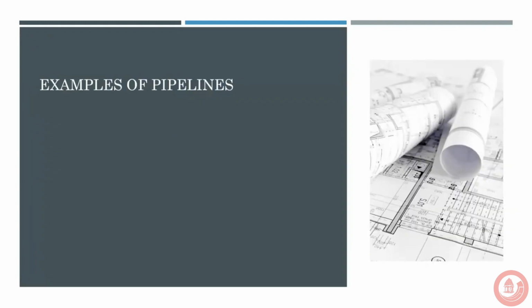Now, once you have that, you can see pipelines in different fields in our software industry. For example, you can use it in a data processing pipeline, which might involve a series of stages for transforming and analyzing data.